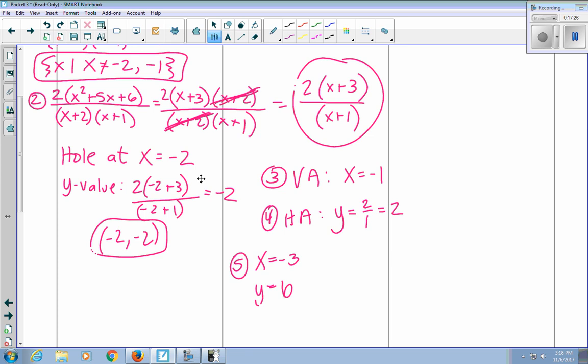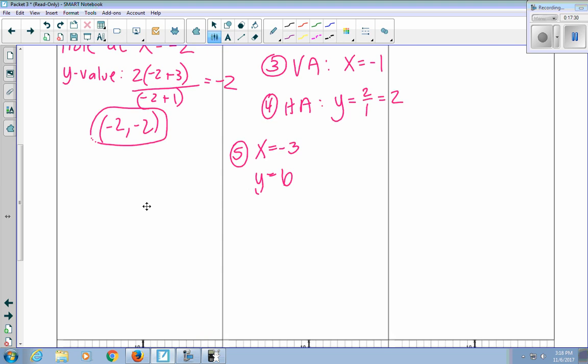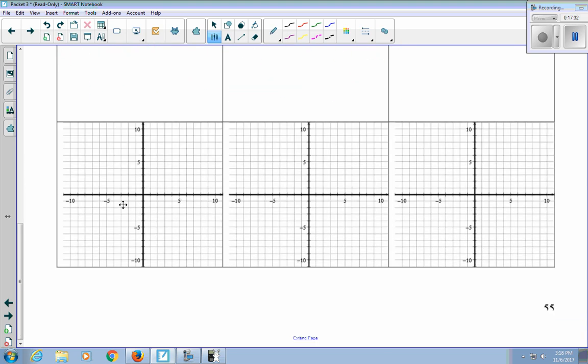So let's plot what I know so far. The vertical asymptote at -1, oops, and the horizontal asymptote at 2. I have a hole at -2, -2. And what else do I know?